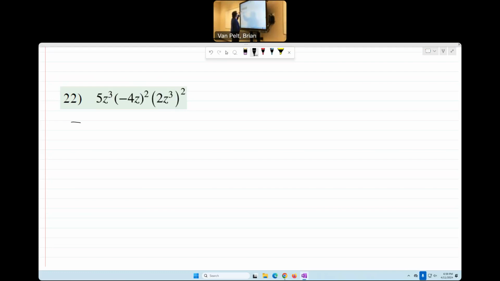Are you done with that? Let's go to this part. Like I said, that negative goes away. What do you get here? 16, right. What do you get for this part? Apply it to each piece.